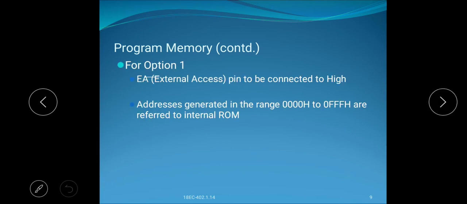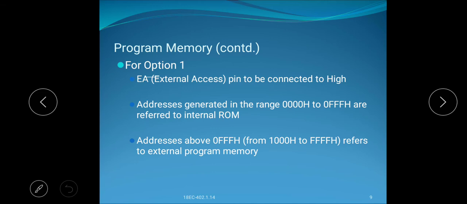For option 1, the external access pin is connected to high.